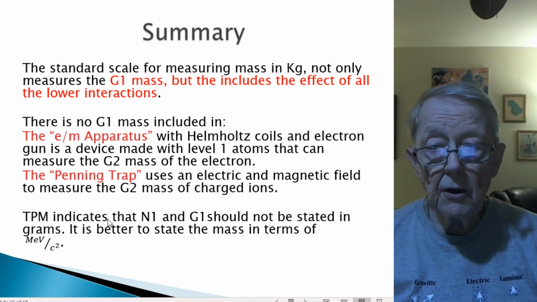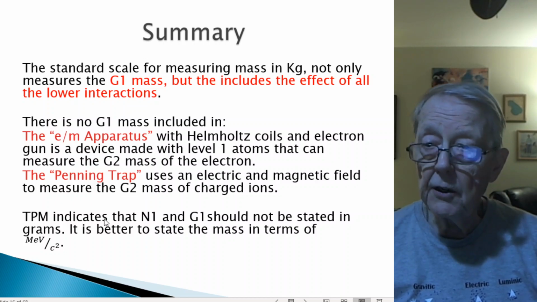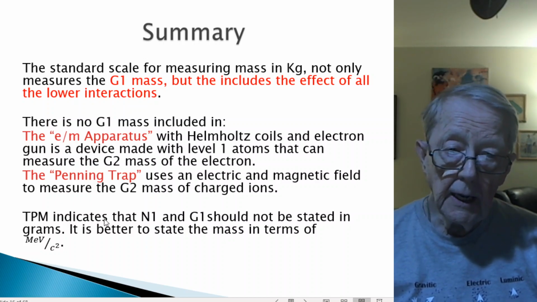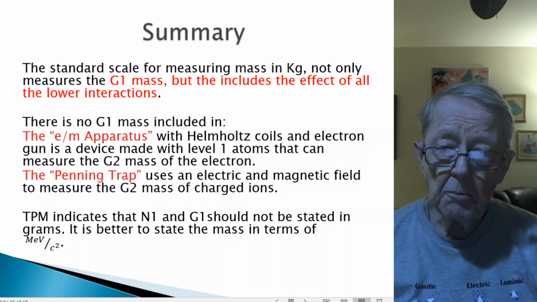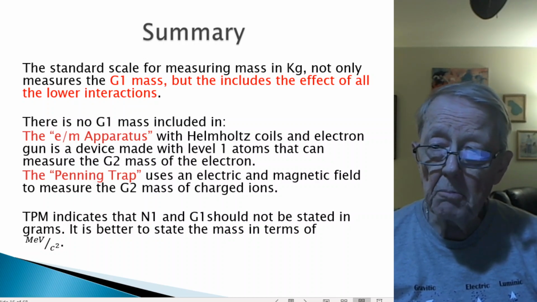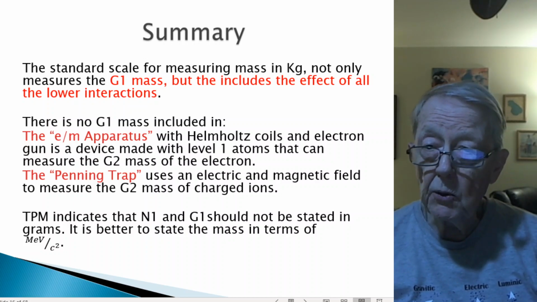TPM indicates, of course, I'll repeat it again, that N1 and G1 should not be stated in terms of grams. That may be wrong eventually. There may be a correlation that can be made between them that is not just between equations.